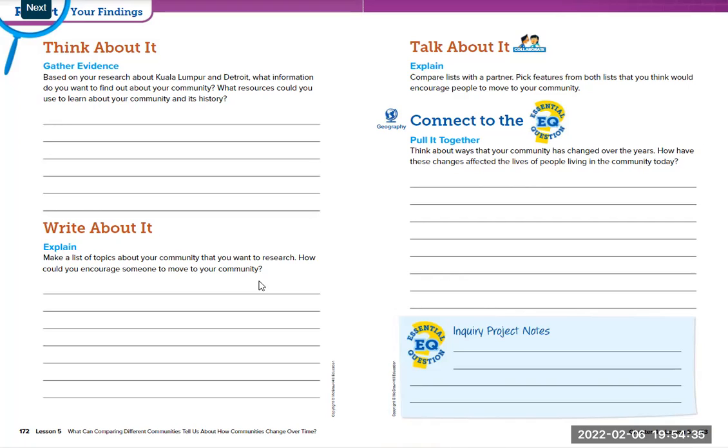If I was to write or encourage someone to move to San Diego, then I would write sentences about different things that I think would be important for someone moving here. That could include if they want to live in a place that has a lot of different cultures, then I could definitely add that to the details. I could say San Diego is filled with many different cultures.